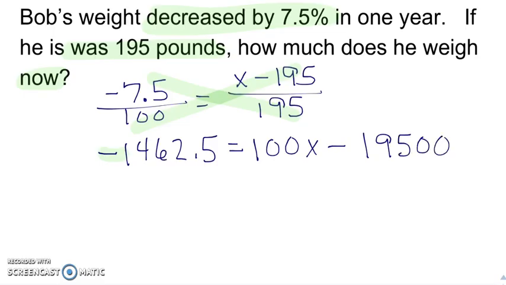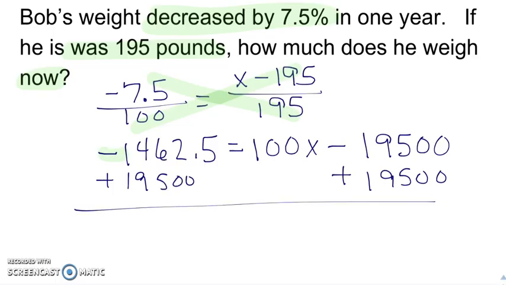To solve the equation, I'm going to add the 19,500 to both sides. And I have 18,037 and 5/10 equals 100x.